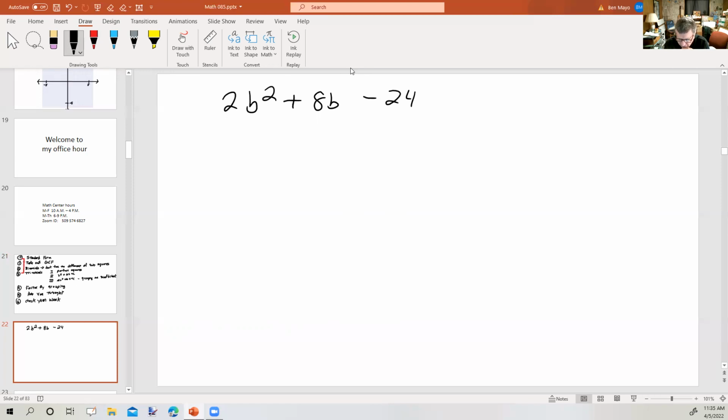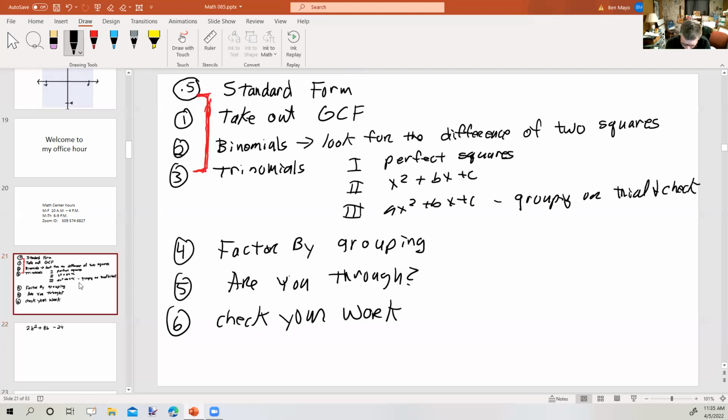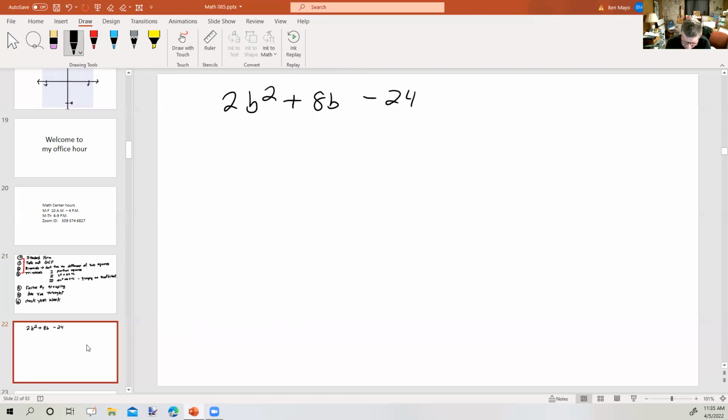Yes, it is. Is there a greatest common factor? Yes, there's a 2. So we'll take 2 out. Okay. So b squared plus 4b minus 12.